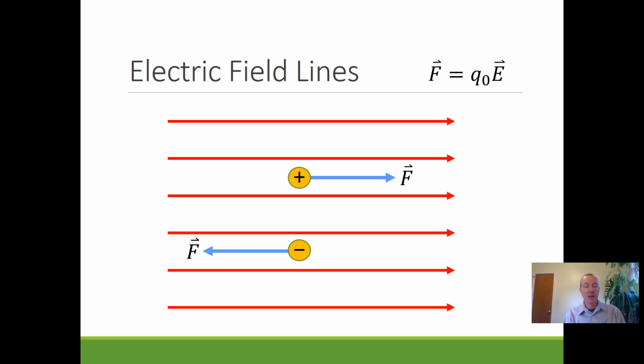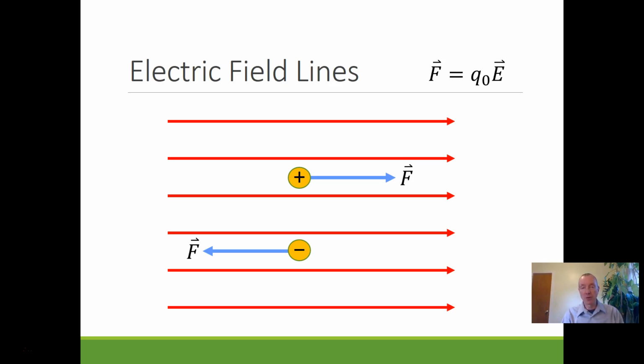Again, very similar to mg for the weight of an object, right? So there's a property of the system or the object, mass, times this external gravity field, g. In our case, it's a property of the object, its charge, Q0, and this external electric field created by source charge. And so this picture here shows red electric field lines such that we don't see what created them, right?